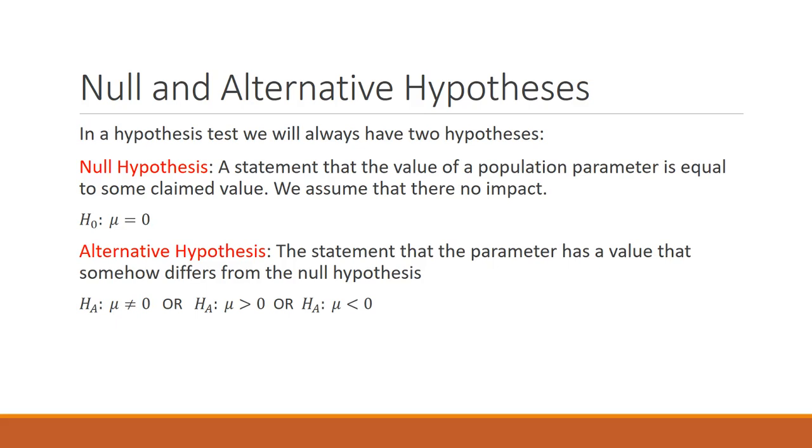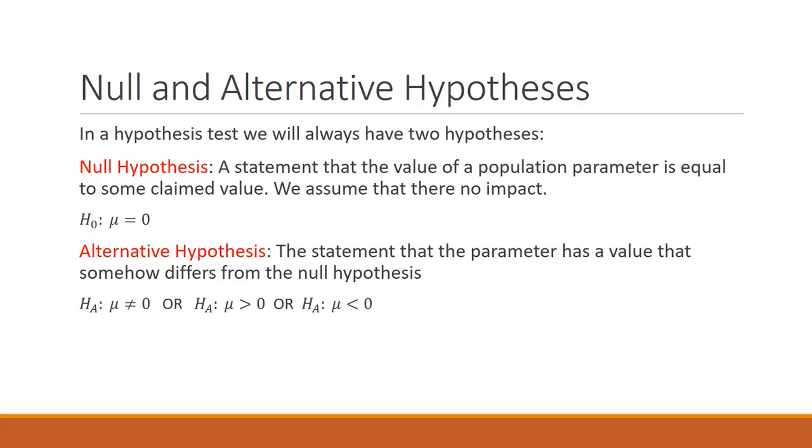If we're measuring the effect of something, we always assume there's no effect. If we're interested in whether or not a data value is greater than 0, then the null hypothesis is always that it's 0. Whatever we think might be true, the null hypothesis is always that it's not true. Okay, I'll make that more clear in a minute.